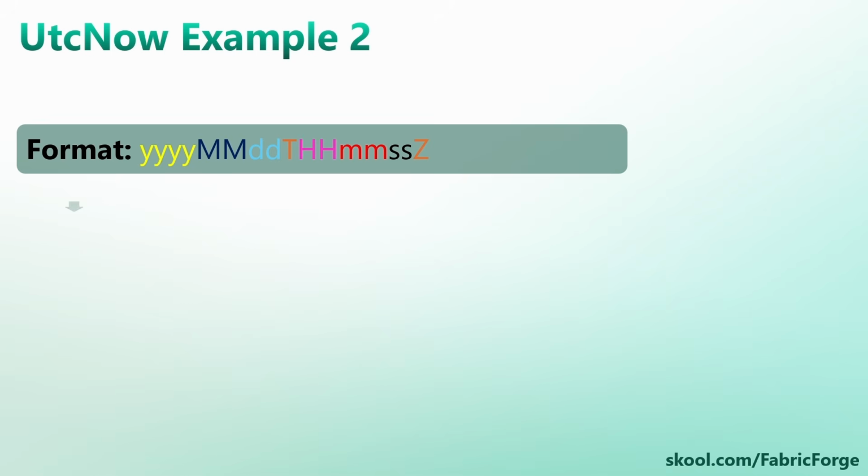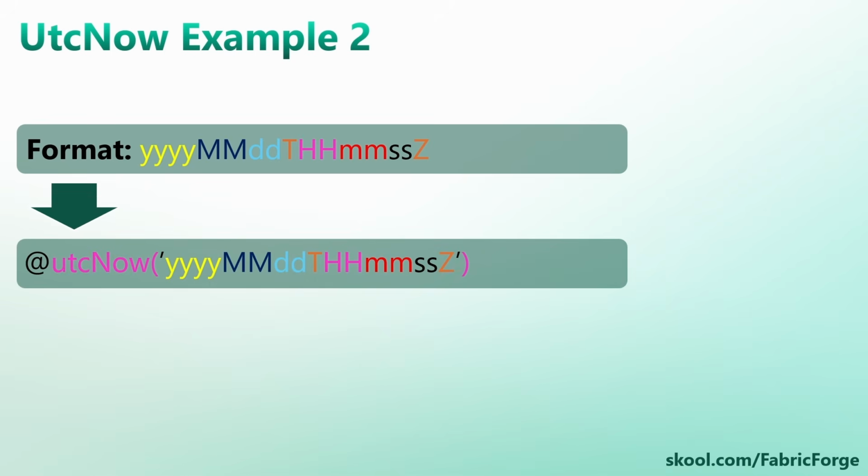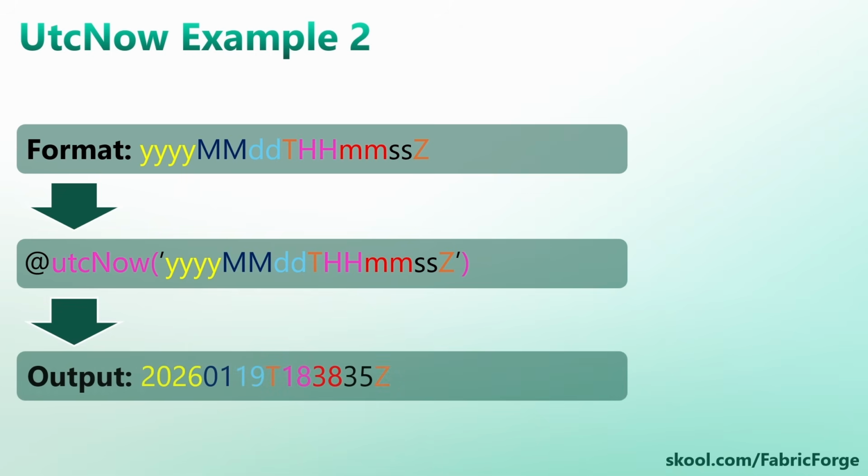This format is given to the function in string notation, so using single quotes and then representing different components of the time using this notation seen on the screen, where year is represented using 4 lowercase y letters and month using 2 capital M letters and so on. After running this function, our output is a timestamp that follows the format that was given to it as a parameter.